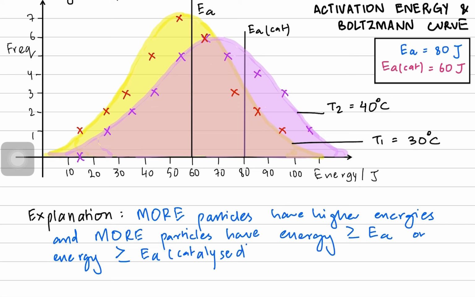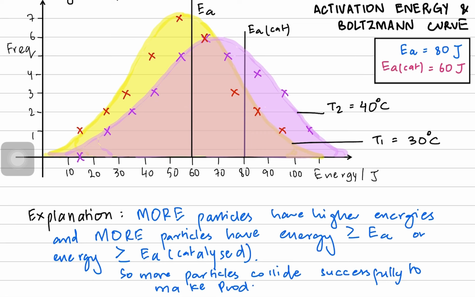Since these particles have energy more than or equal to even activation energy, so more particles collide in a successful way. They collide successfully to make the products. That is our main concern here in each second, because it's all about rate of reaction.